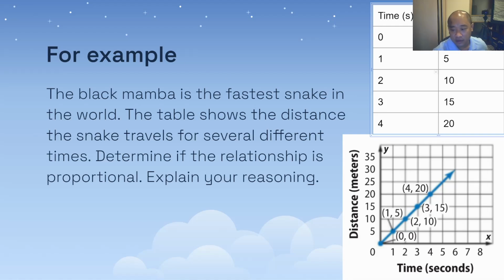So you can see here, this line comes out of 0, 0, and it's straight. So it's proportional. That's how you know. And how you would explain your reasoning is that the straight line comes out of the origin.